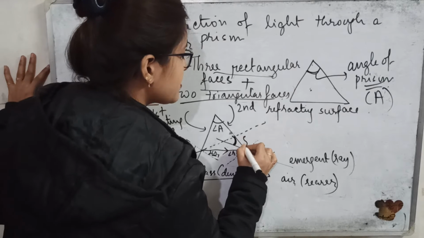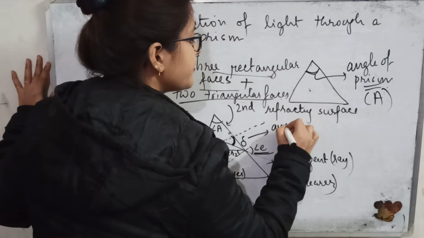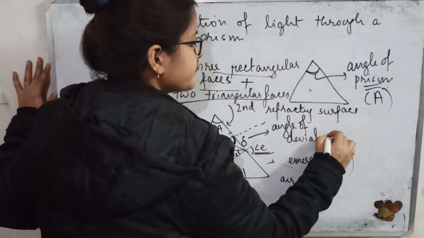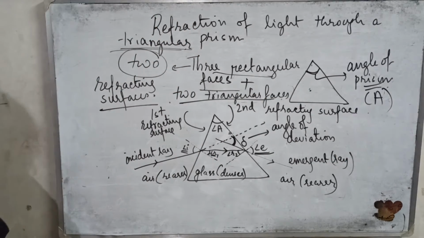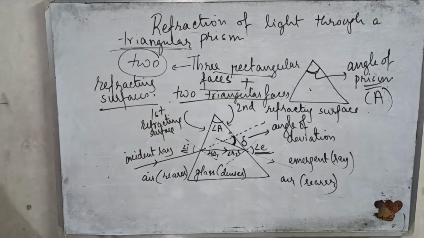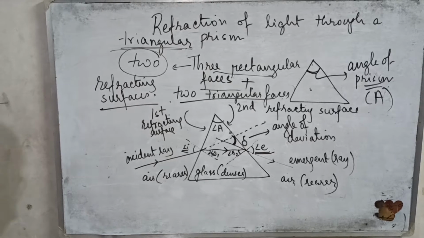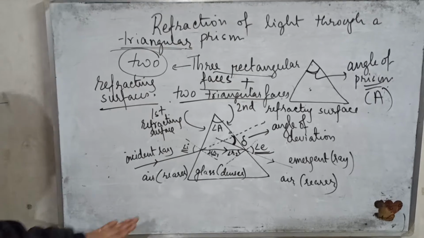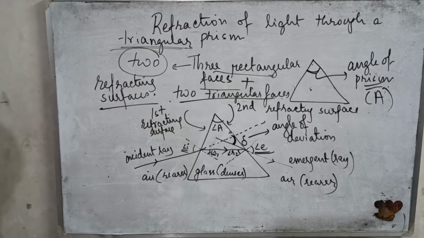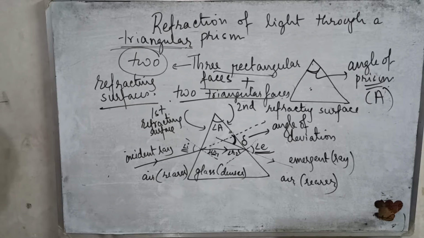So this angle is called the angle of deviation. Just have a close look at this diagram and try to understand what has happened and how and why it has happened.